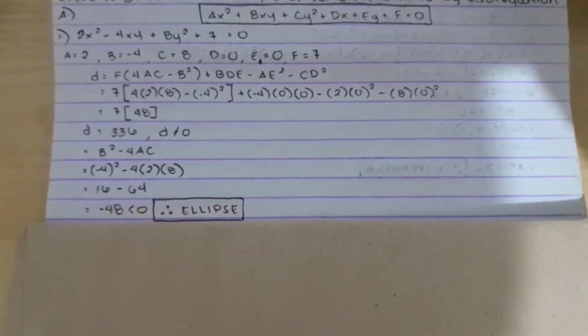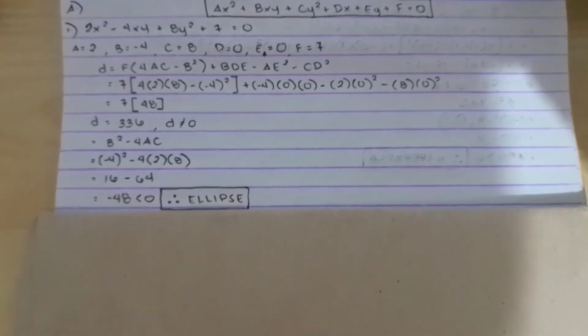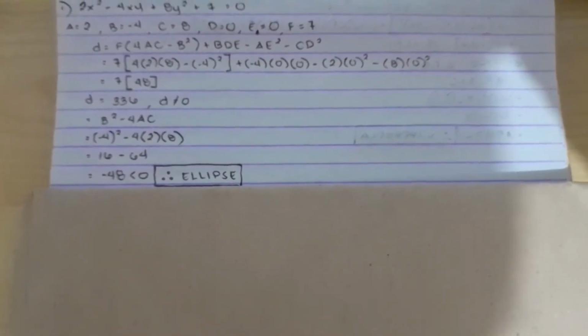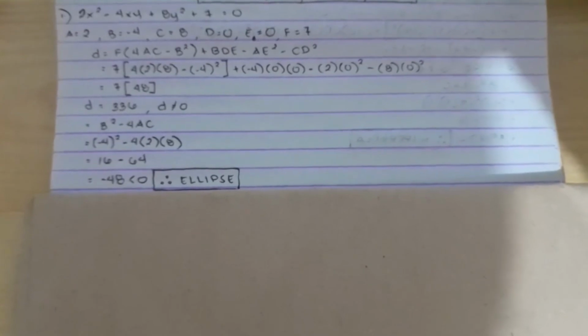Yan, b squared minus 4ac. Yan, substitute again. Yan. So, ayan, alam na natin, yung negative 48 is less than 0. Therefore, yung type ng conic na yan is ellipse.